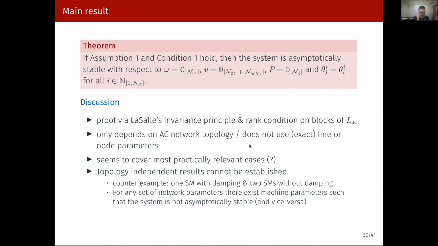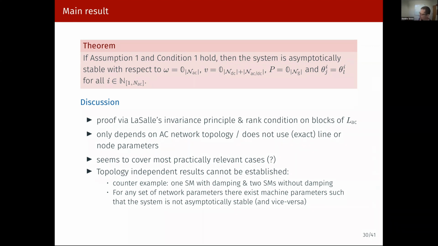What I would like to highlight is it seems to cover most practically relevant cases. We went through all these things like wind turbines with back-to-back topology, flywheels, and so on. We can cover most of these, or actually all of them that we've looked at. Another thing is you will notice here that the topology of the system factors into this quite heavily.